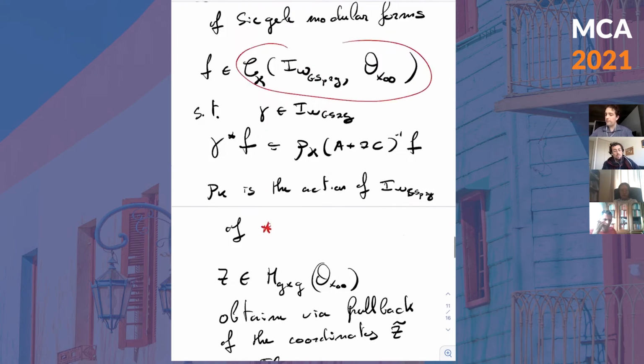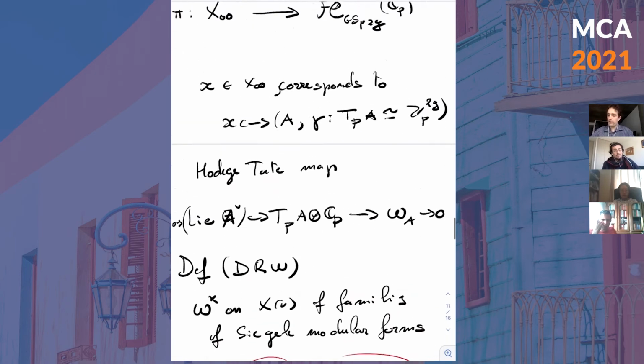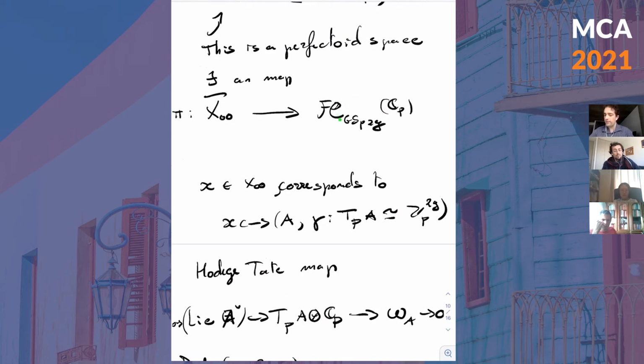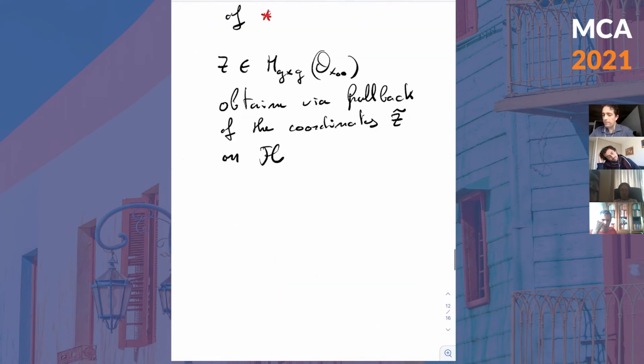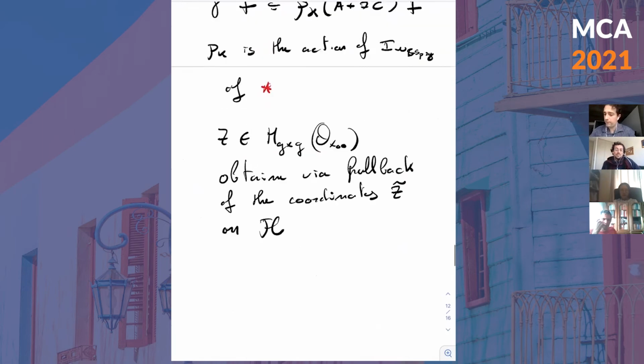The flag variety is a point: once you fix a point in the Lagrangian, every other Lagrangian is somehow conjugated by a matrix which is in the unipotent of GSp_{2g}. So it's characterized by a g times g symmetric even matrix. So I just pull it back via the Hodge-Tate map, and I have this function there.